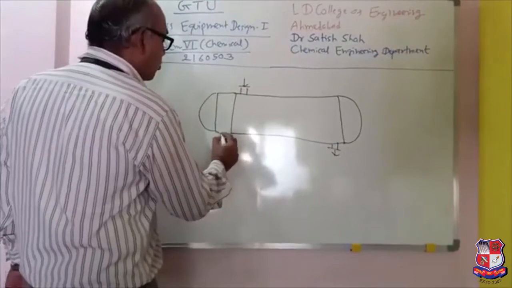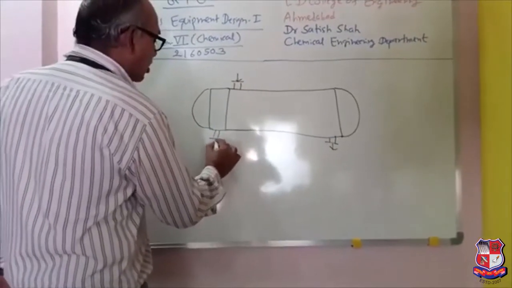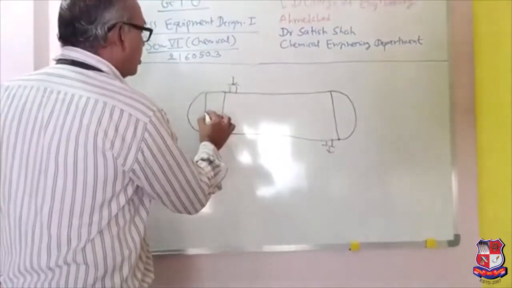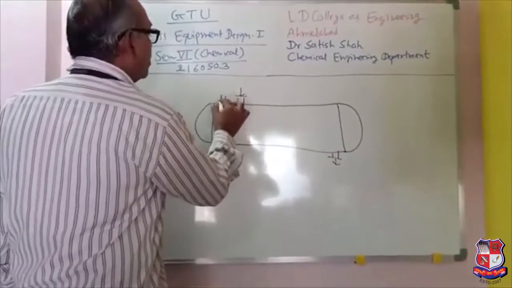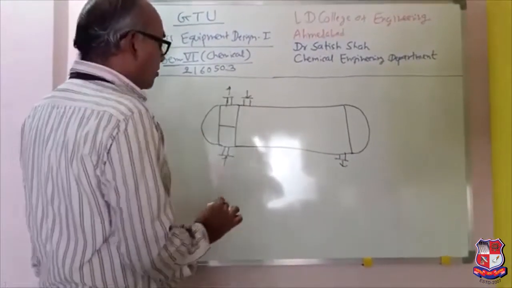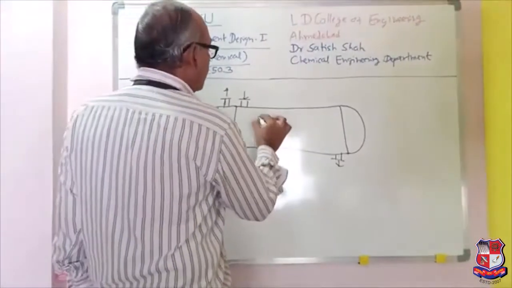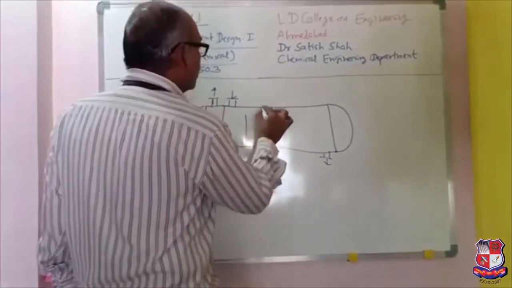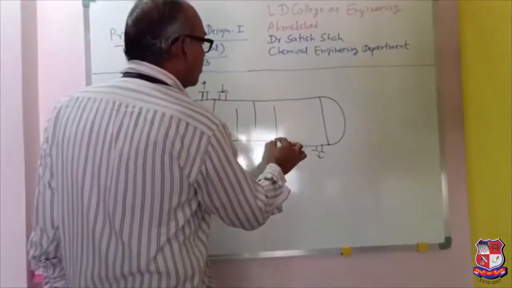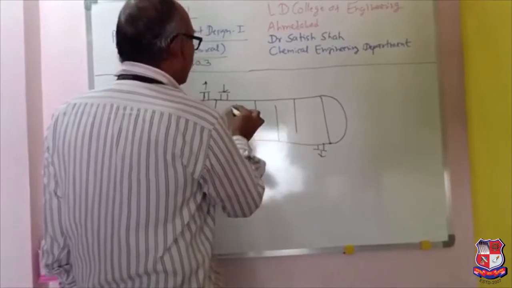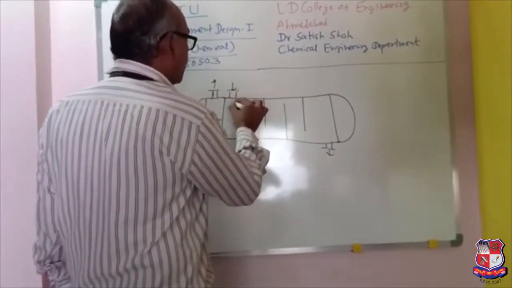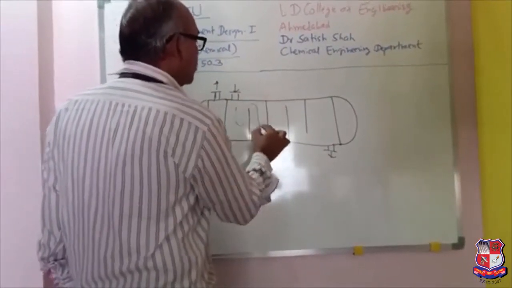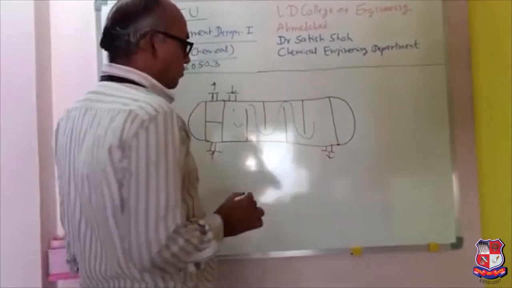Similarly, we have nozzles on the channel side or tube side, which are also for the inlet as well as the outlet. And then we have the baffles inside this, where the fluid will travel like this. So fluid will travel like this.